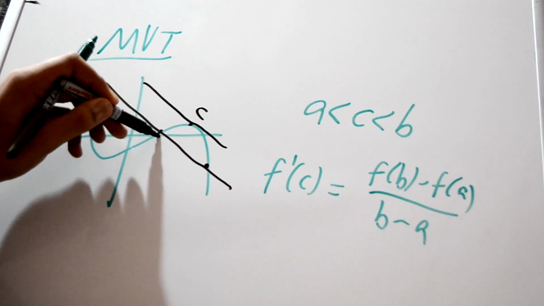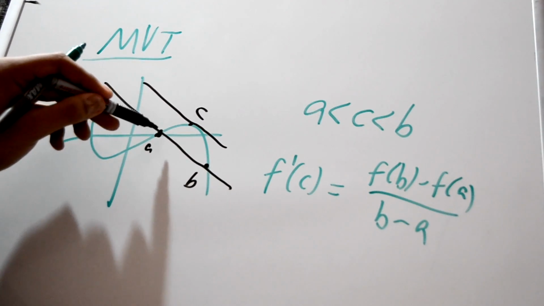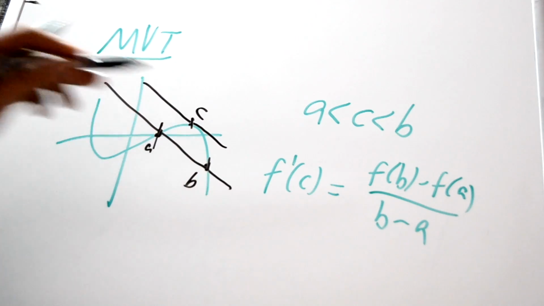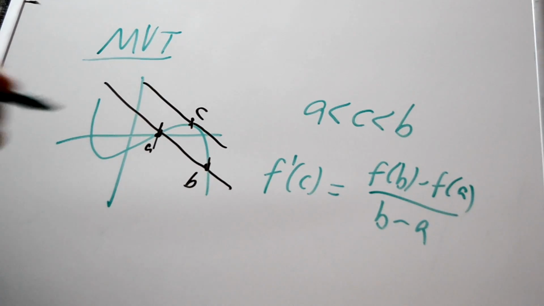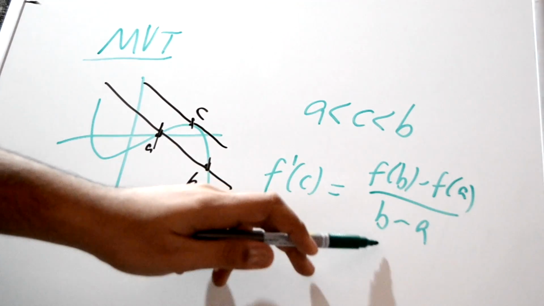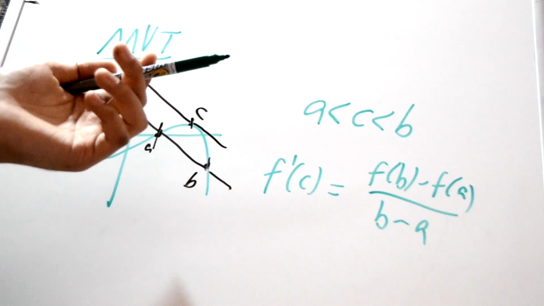We'll call the endpoints A and B. In between this interval there's a value C, and the two lines are going to be parallel to one another because the slope of the secant line is equal to the slope of the tangent line. So that's why we can use the mean value theorem.